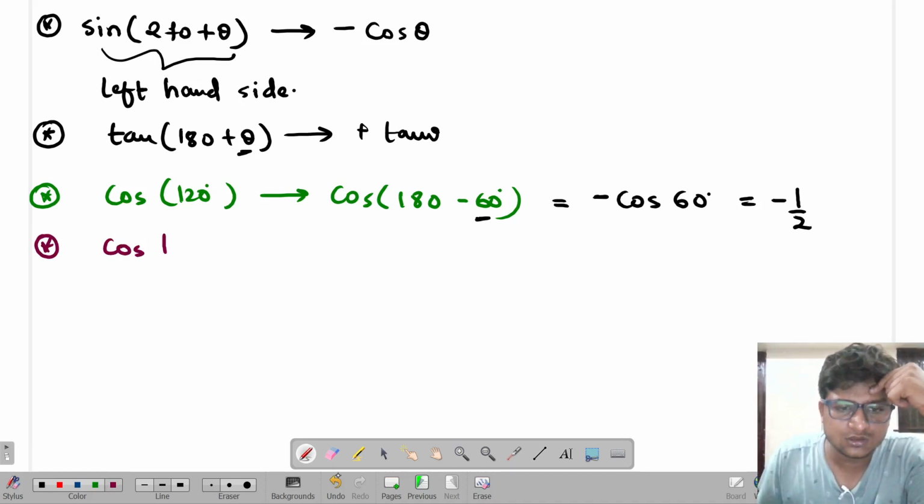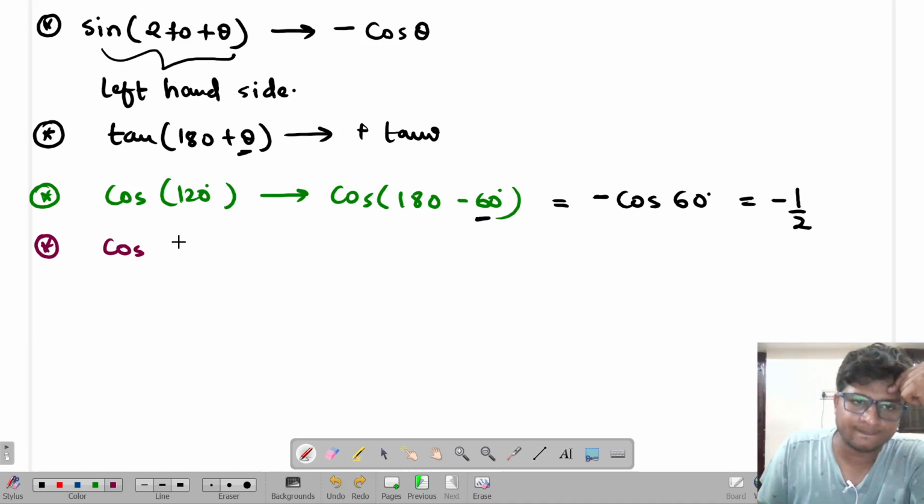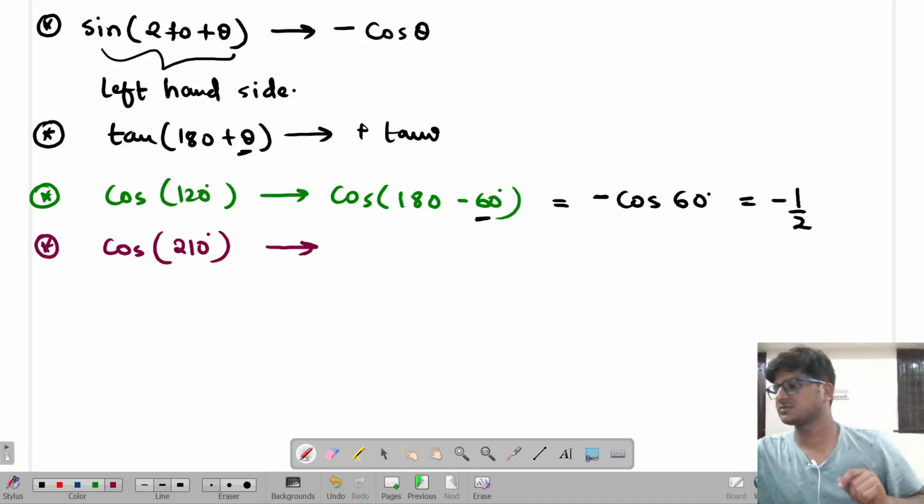Cos, let's suppose, what should I get? 210 degrees. Now you tell me fast, within less than 1 minute.